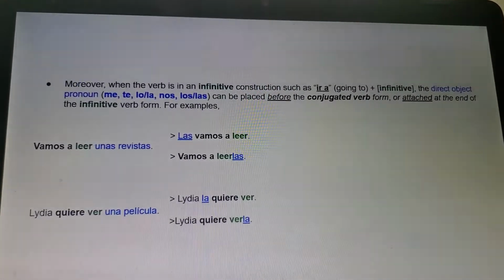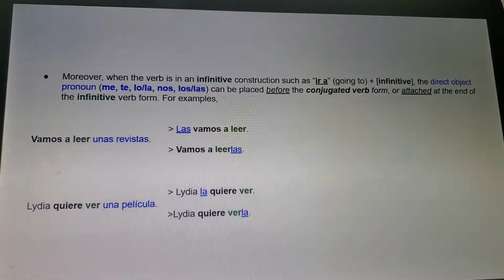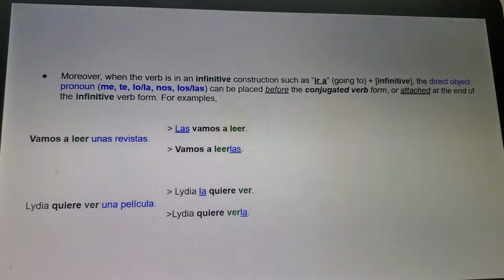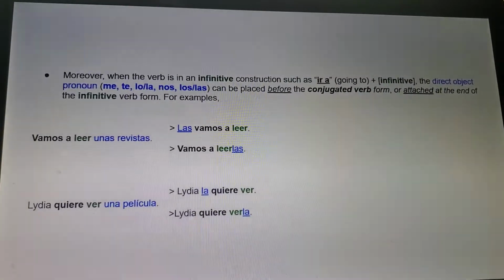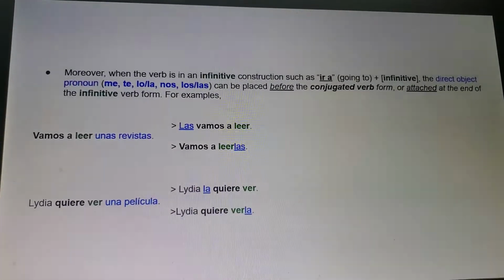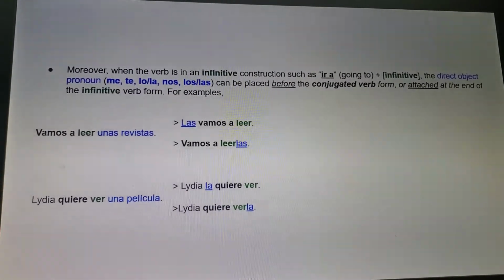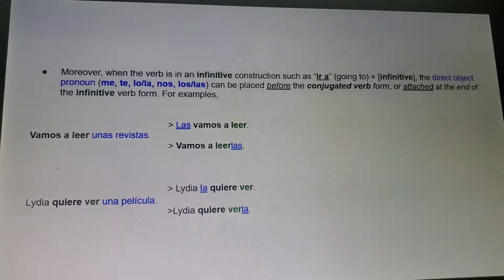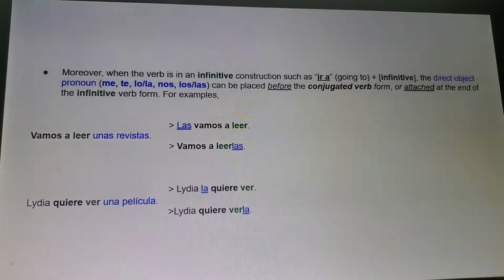For example, vamos a leer unas revistas. So unas revistas is the direct object noun. If we change it to the direct object pronoun, you can place it in two ways. Las vamos a leer or vamos a leerlas.